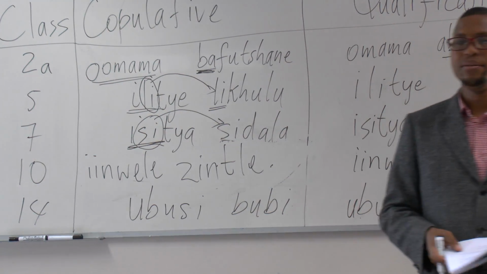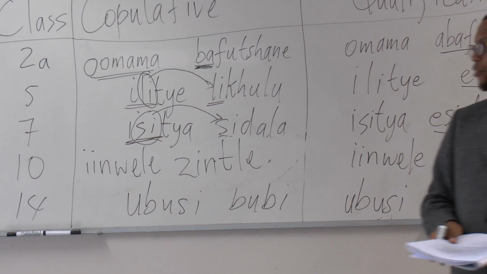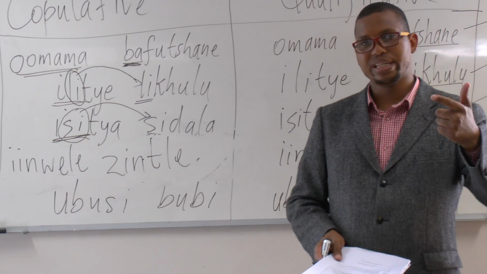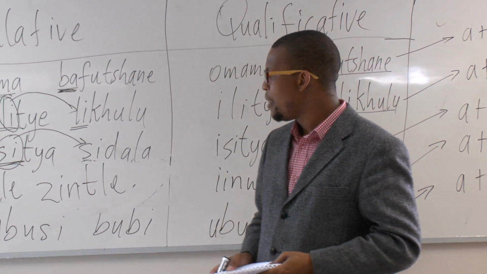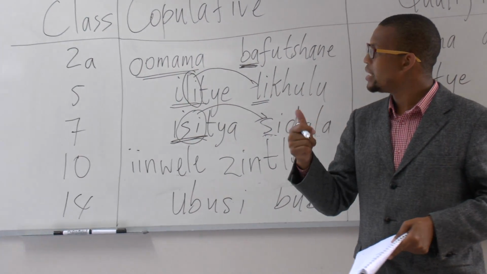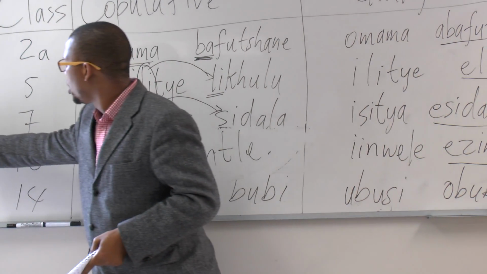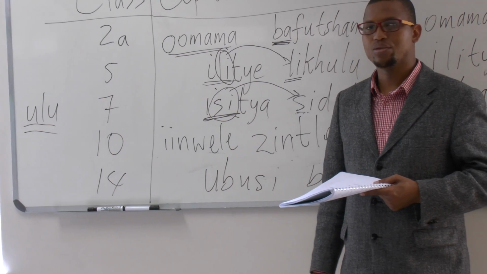Great, that's it. Then, in the case of the rest of the other strong nouns, we've got class 11, class 14, and class 15. The structure of those classes is quite similar, but we'll only deal with class 14. Remember, the prefix for class 11 is ulu.